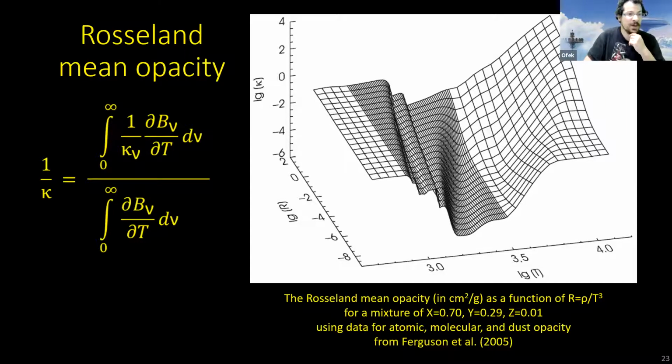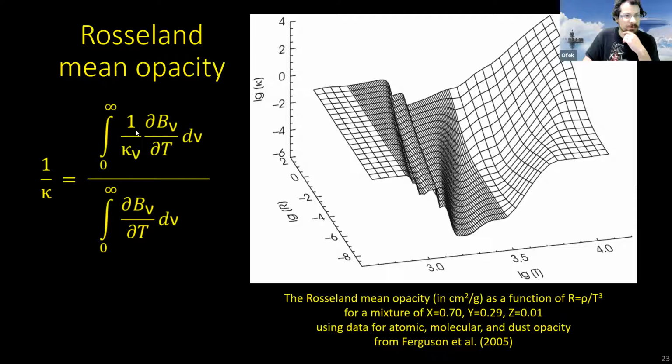So what this tells us is, don't just add all the opacities for different frequencies on an equal footing, weight each opacity by how many photons are actually moving along in that particular frequency. And that's what gives us this black body Planck factor in here. The denominator is just a normalization.